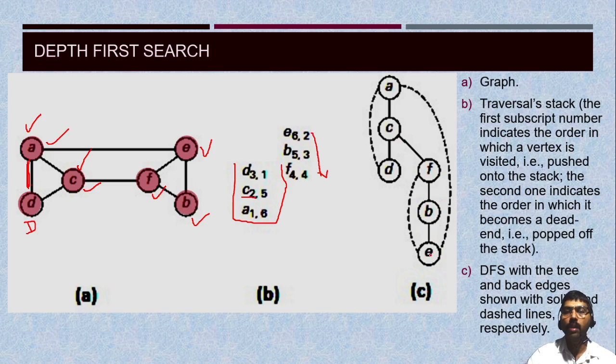In a similar way, if you see here, from E to F is a back edge, because there is the edge here which is connected to F. And there is one more here, E to one more node which is not visited here. The edge which is not used is indicated by a dotted line.